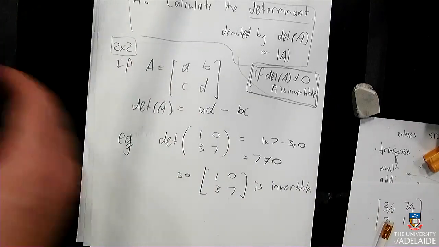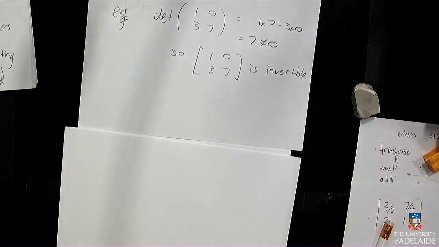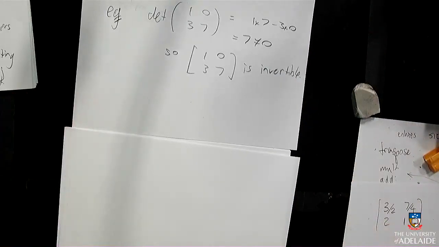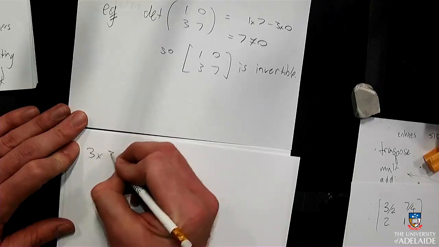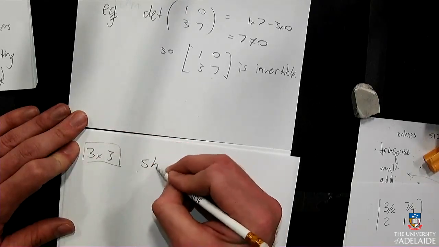That's determinants for 2 by 2. For 3 by 3, they're a bit more complicated. And there's no real formula that I can write down in a way that makes sense in like a minute. And so it's just easier to show you how to do it. So for 3 by 3, I'll show you by example.